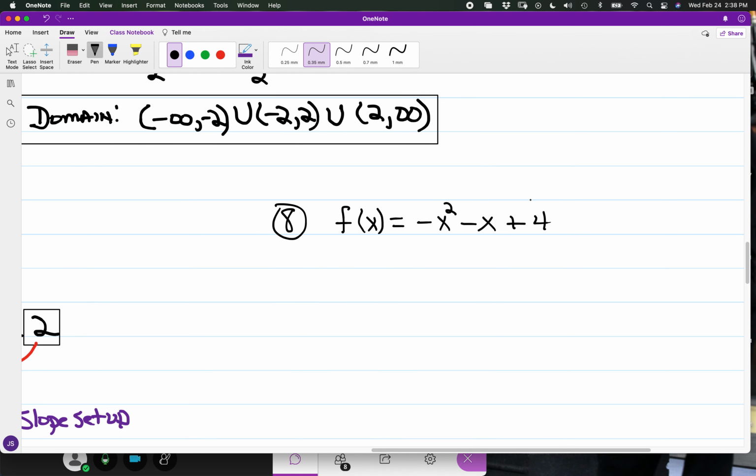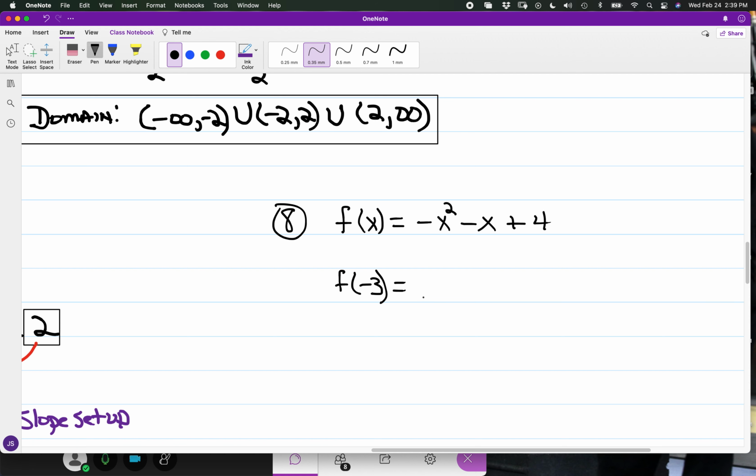Let me mention something here. The negative sign, read that as -1 times x squared, because the negative of the square of x is not the same as the square of negative x. If I had the square of negative x, your negative x would be in the parentheses.